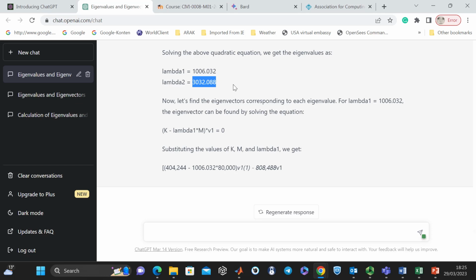I'm pretty sure that we will hear many surprising news stories in the following years about different applications of AI in different disciplines, including civil engineering.